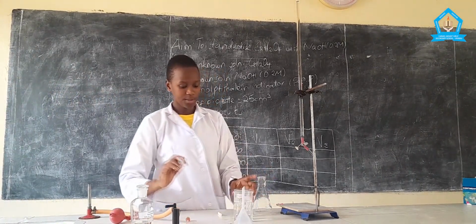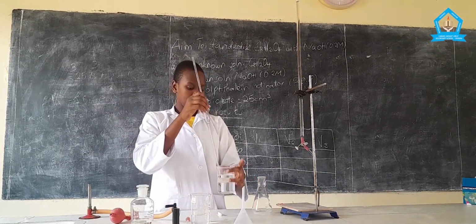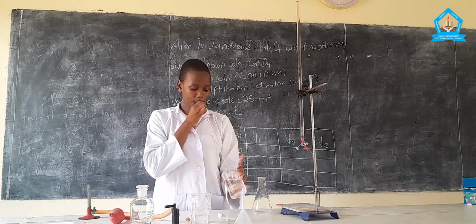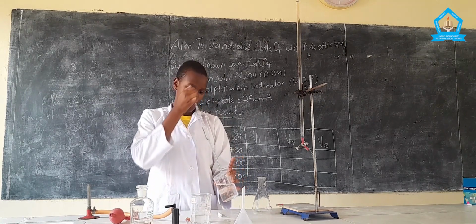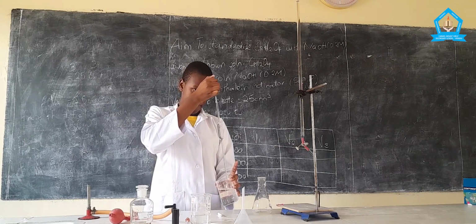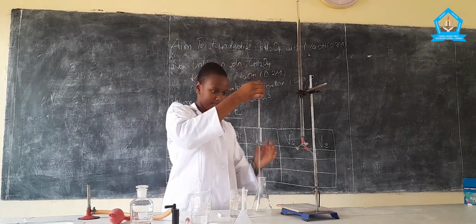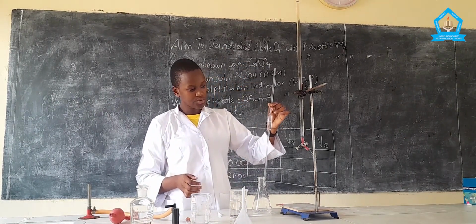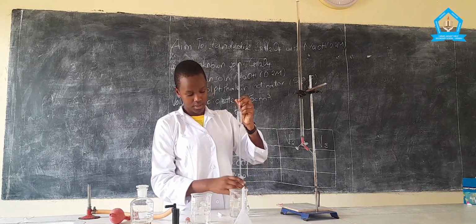For the second experiment also, we're going to transfer the base from the beaker using the pipette, and hence transfer it to the conical flask for further titration.